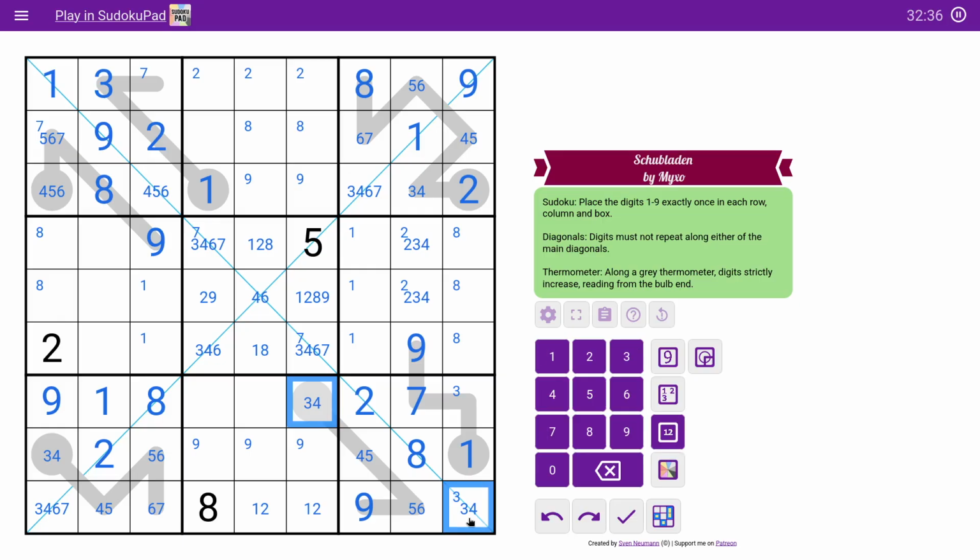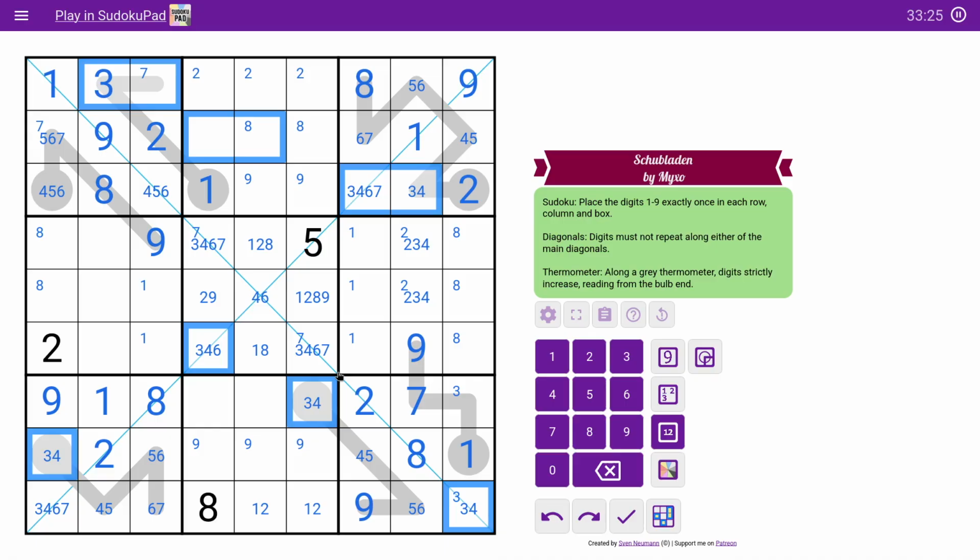These must be equal. So this is 3, 4. Because if this were 6, 6, I mean, it doesn't work.